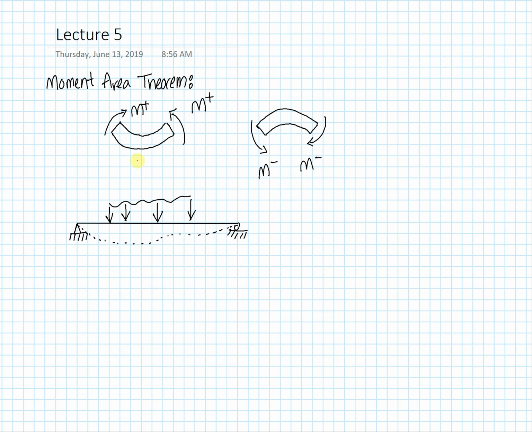What the moment area theorem does is to cut the beam at two sections. One will be called section A, and the second will be section B. And what it really does is to compare the slopes and deflections between these 2 points.